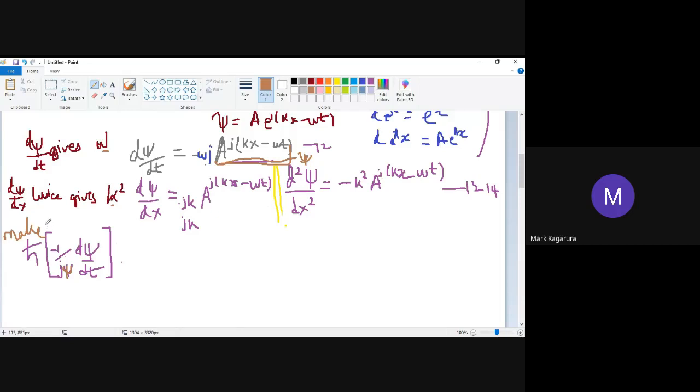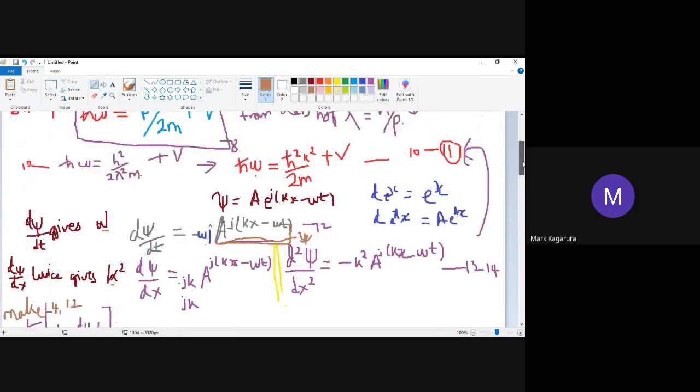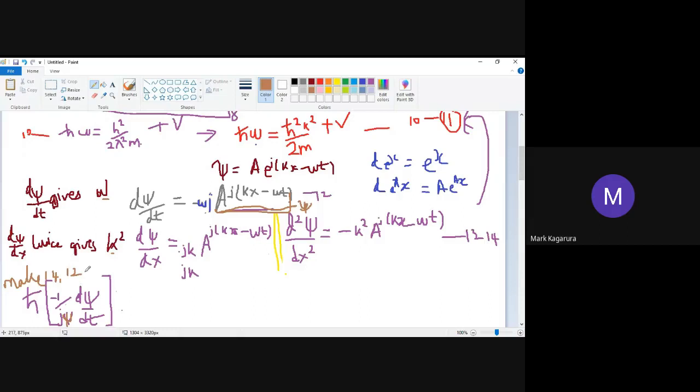Then 14 and 12 into 10. So you just make this a subject. So you have 1 over, then the j will go this side, and then this will also go this side, and it will be phi.